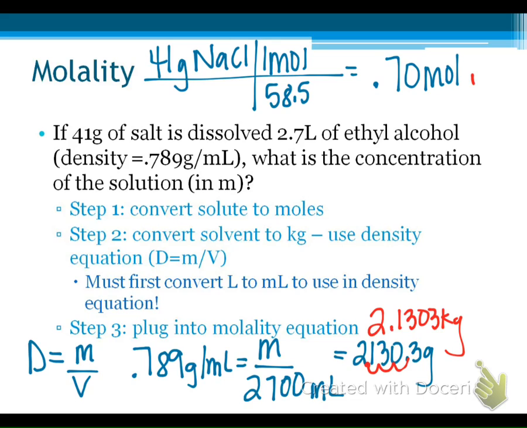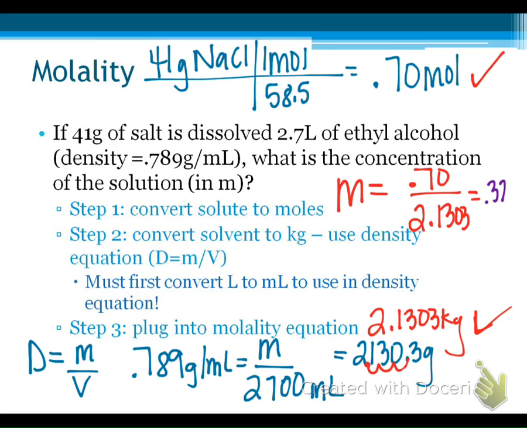Now we have moles and we have kilograms, so we can plug in: molality equals moles per kilogram. And I got about 0.329. So 0.329 m would be our answer here for molality. That's its concentration.